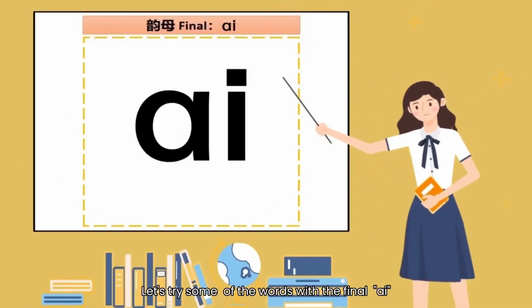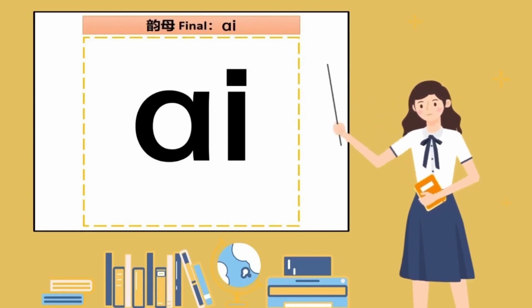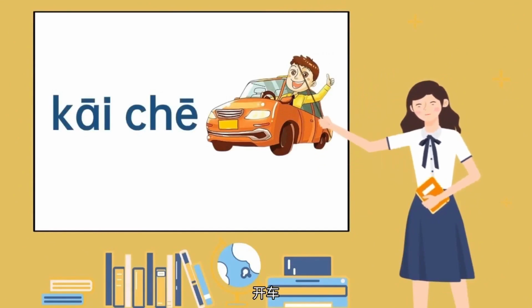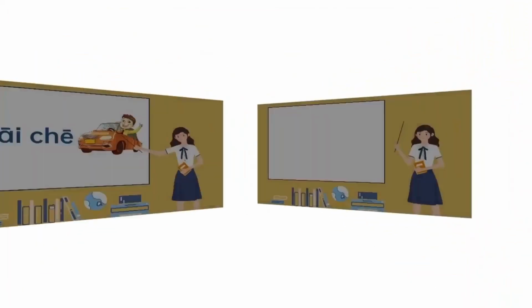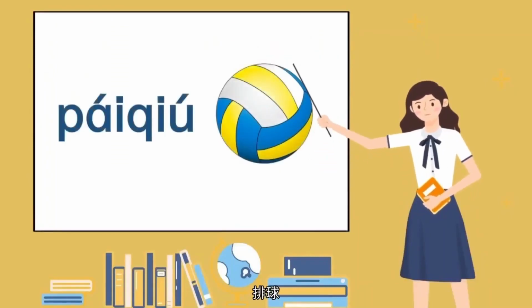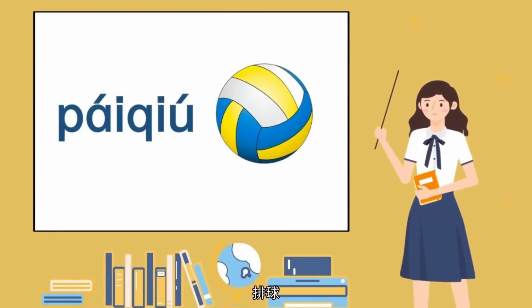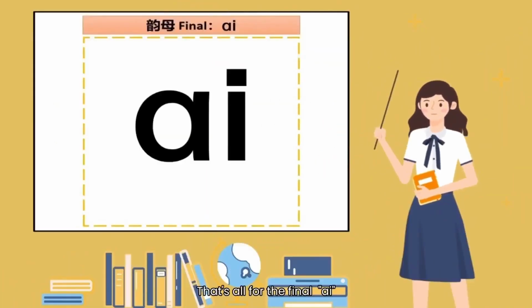Let's try some of the words with the final ai. 开车，开车。排球，排球。That's all for the final ai.